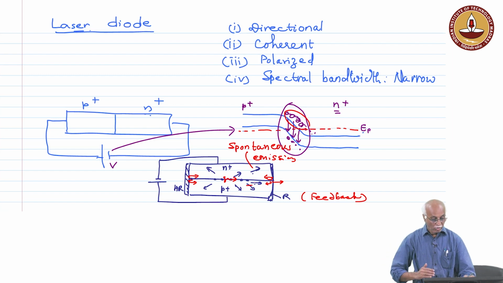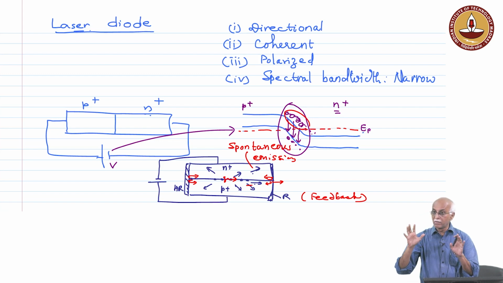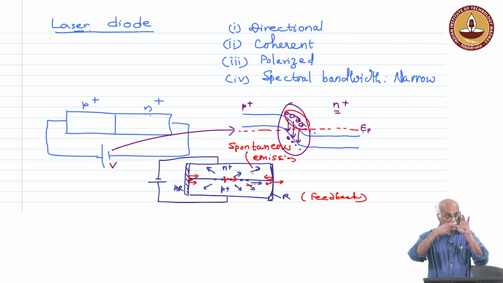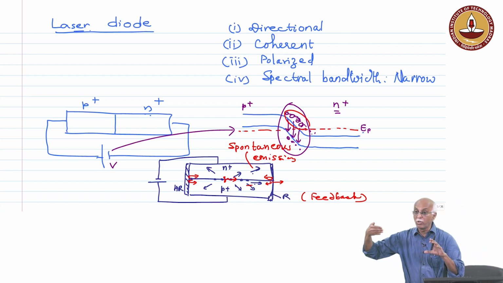So unlike spontaneous emission, where each photon emitted from the same material behaves slightly differently, they have different phase, wavelength may be different within the spectral range, different polarization etcetera, but when the photon is coming back as feedback, and if it sees a very large gain, there is a chance that there will be a stimulated emission.